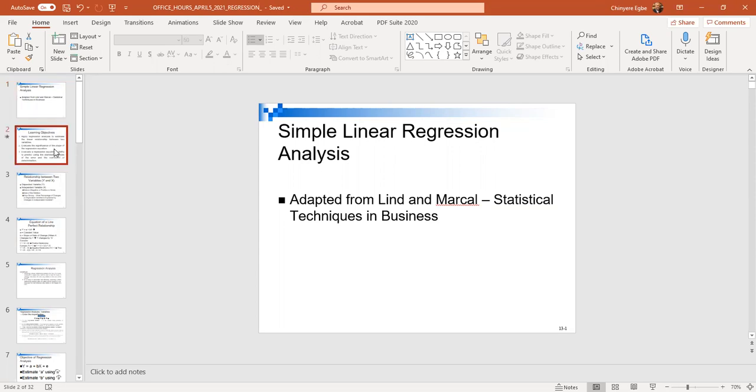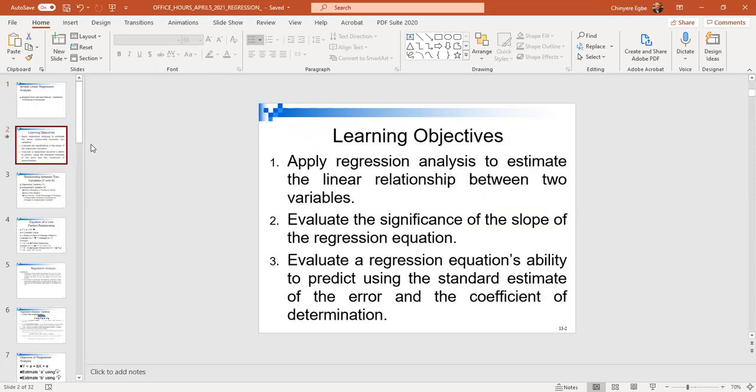Now all along we have been talking about tests of hypothesis for, say, a mean: the average travel time, the average cost, the average age, the average price of a house. The average price of a house is one variable, and you're trying to test a hypothesis about that one variable.